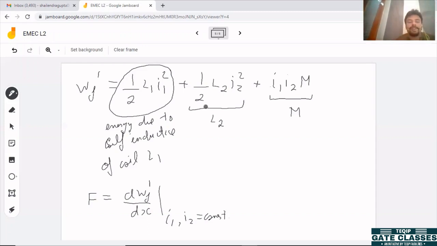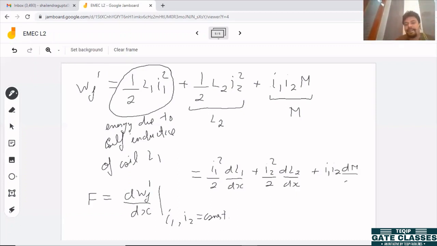So if you do this, then for this system, it will be I1 square by 2 dL1 by dx plus I2 square by 2 dL2 by dx plus I1 I2 dM by dx. So this is the force experienced by the plunger.